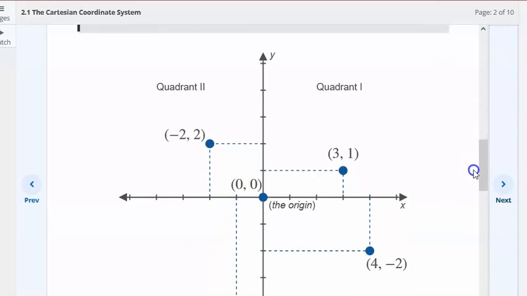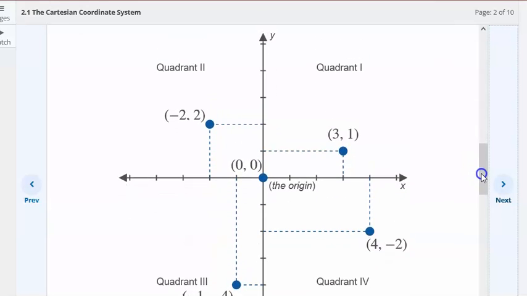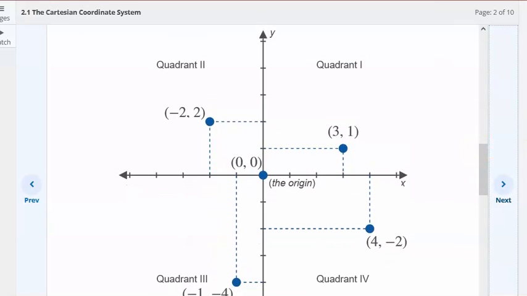Now let's take a look at a typical graph of a coordinate system. It's made up of two number lines. This one's the x-axis. This is the y-axis. As you see, the x-axis is horizontal.